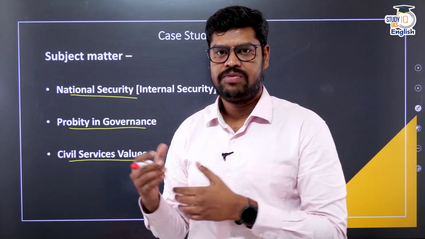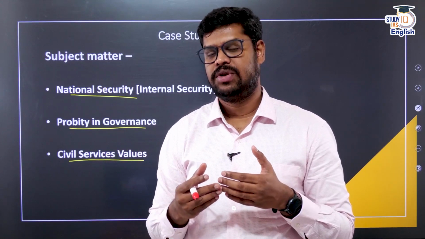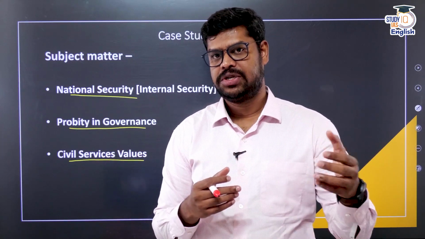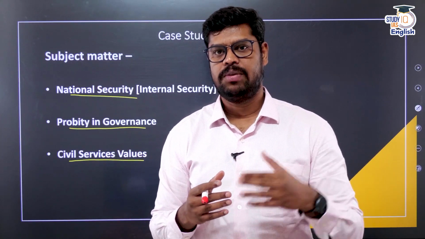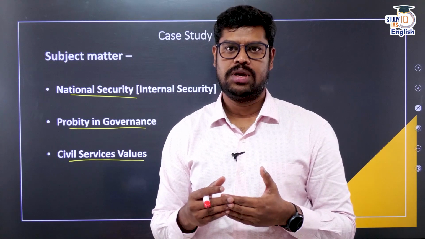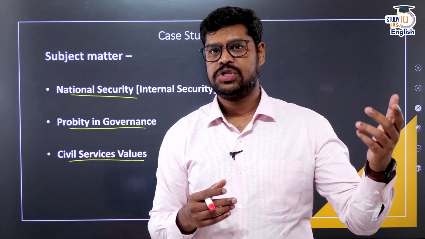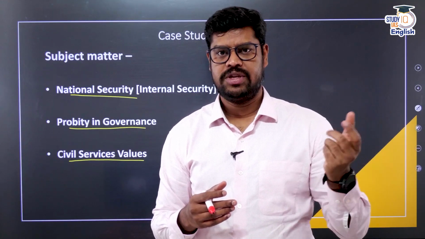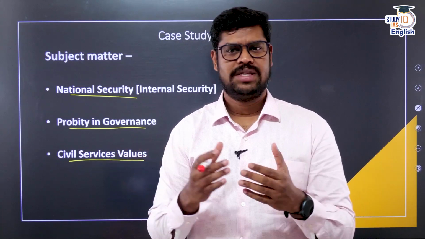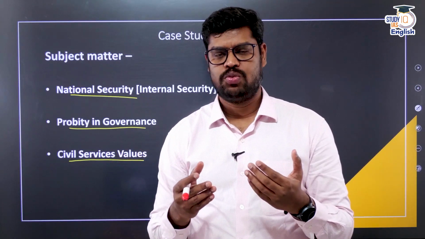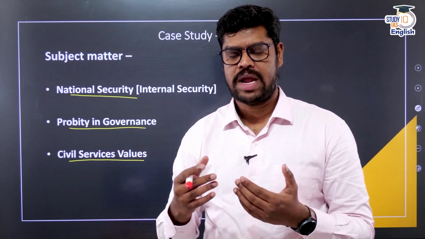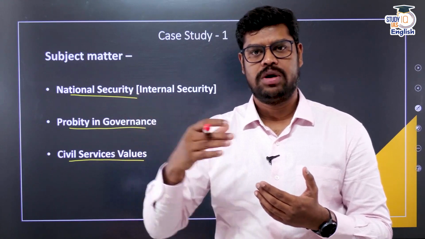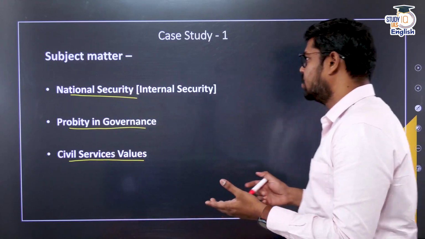So as a civil servant, in this case, if you take Ramesh himself, should he be compassionate towards the illegal migrants? Probably the illegal migrants are entering India because they are persecuted. Their lives may be taken away if they stay there. So all these things are the subject matter, I think, which Ramesh has to think about, and it is involved in this particular case. So we'll just move forward.